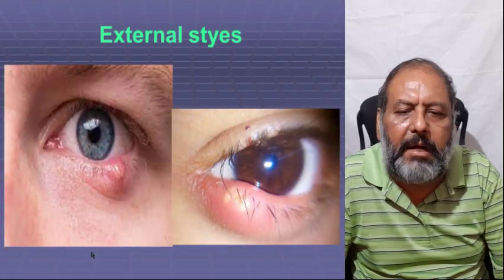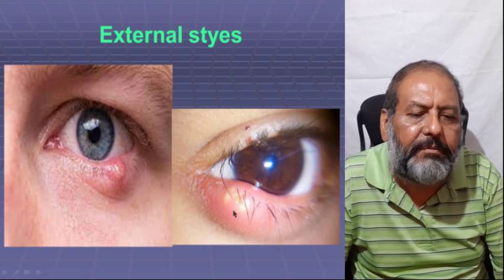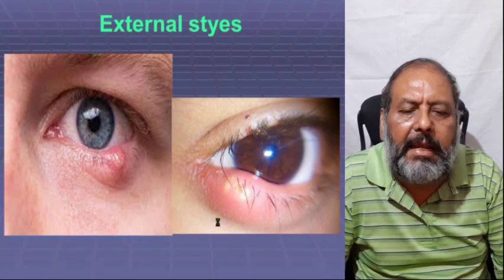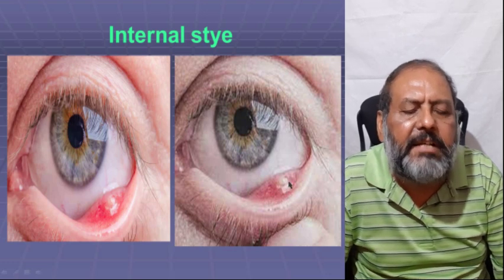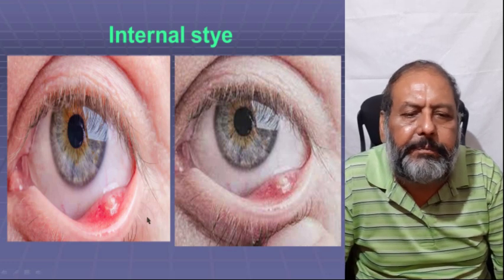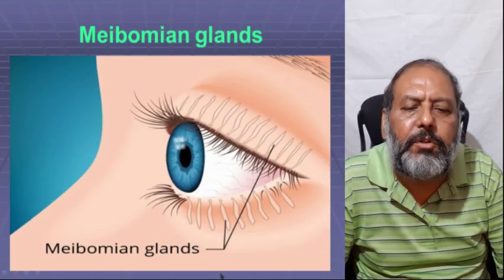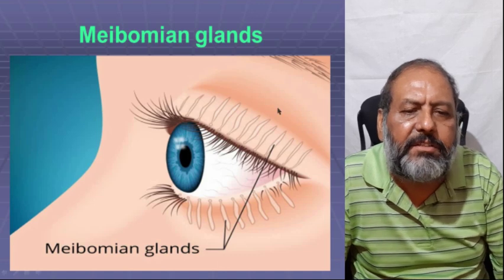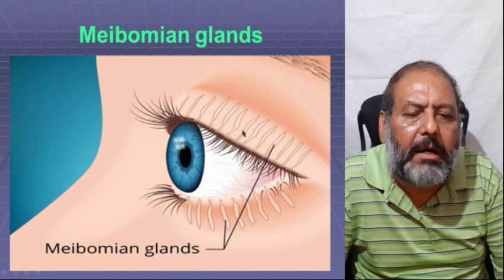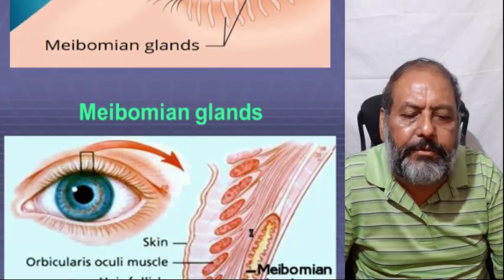So here is the external stye one can appreciate on the outer side of the eyelid, and here is the internal stye which is on the inside of the eyelid. Now, first one should know the location of the meibomian glands. As you can see, these are present on the upper eyelid as well as on the lower eyelid.